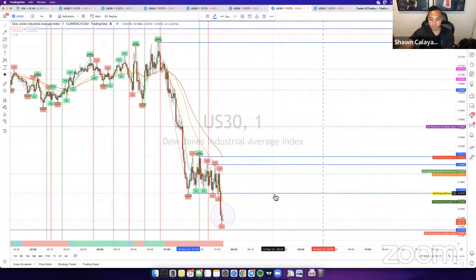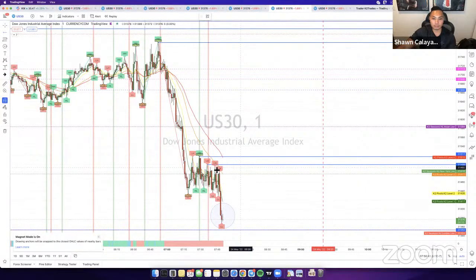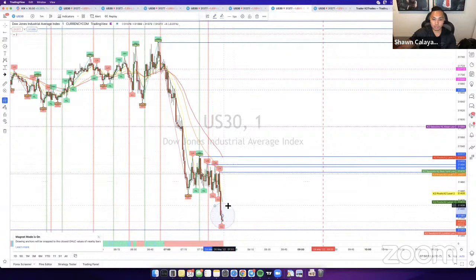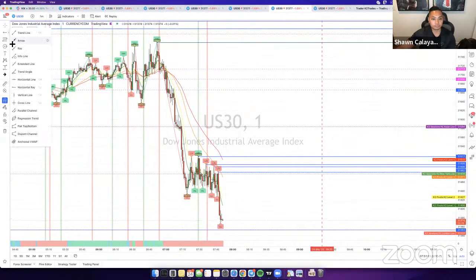One thing that you guys want to be careful for is when Powell speaks here at 9:20, you can see that there's a lot of liquidity that is building up right over here. So this is what I could kind of possibly see happening. Price will probably push down to the London low.